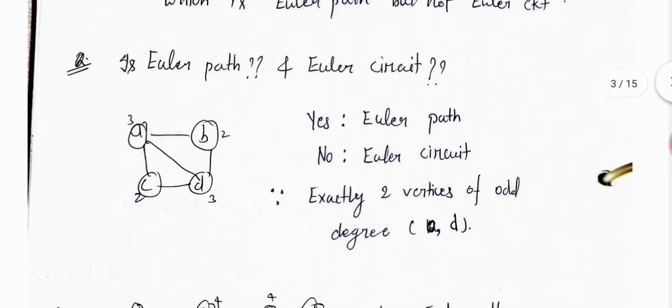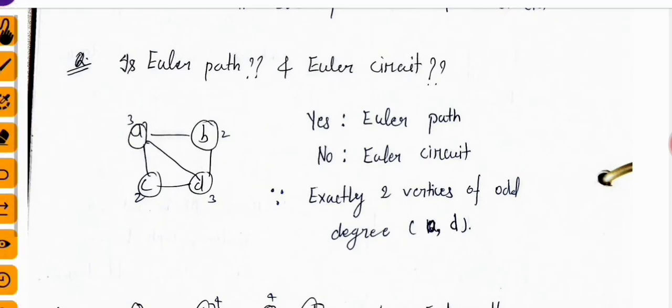Now come to the questions. In the questions, we check is it an Euler path and is it an Euler circuit. So here the graph is given like that. Now we count the vertices. Here exactly two vertices have odd degree.